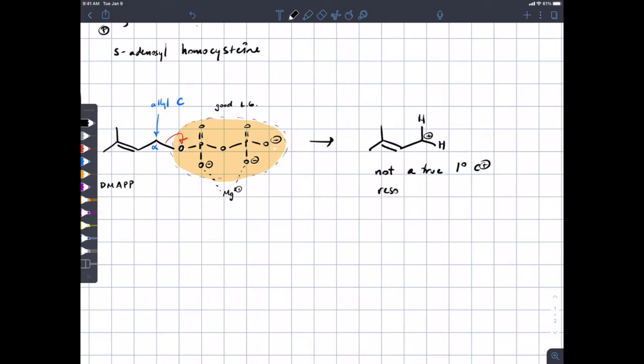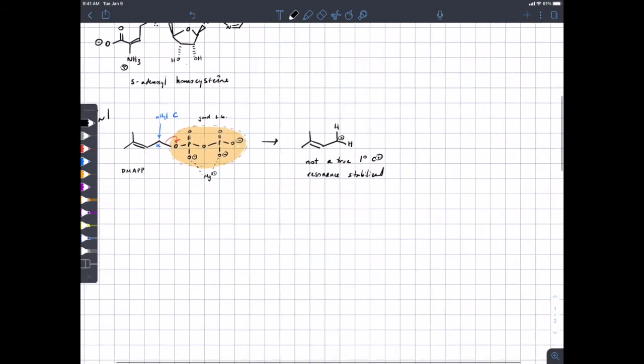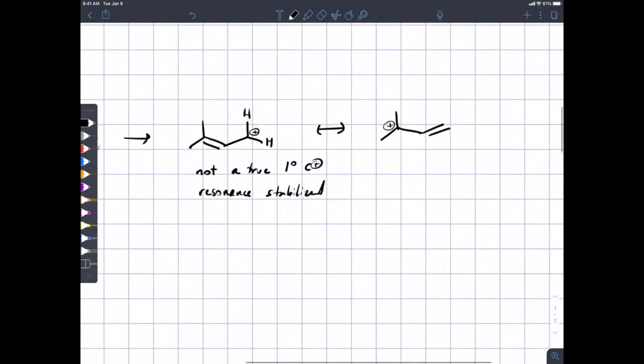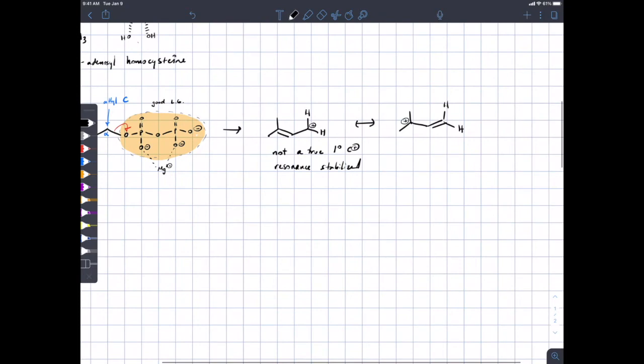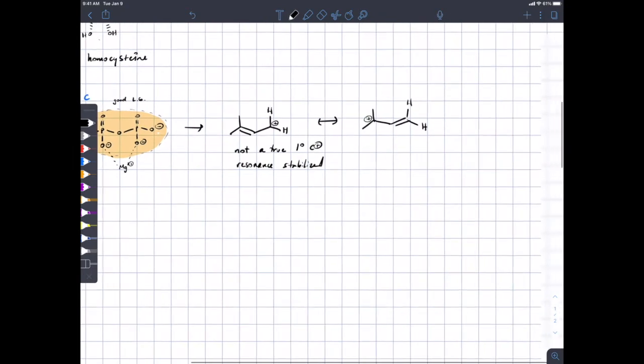Instead, it is resonance stabilized, and therefore is an interesting and legitimate Sn1 intermediate. And you can draw a resonance structure where the positive charge is on the carbon by the methyl groups, or as an alternative. Okay, so this can be an electrophile in a lot of different Sn1 type reactions.